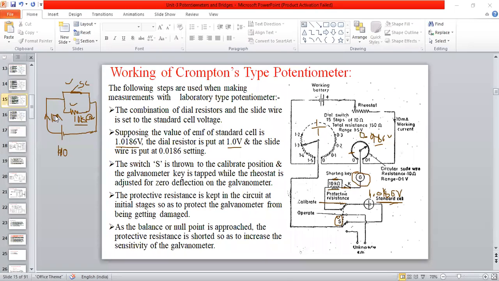I asked a question. If the switch is closed here now, will the current flow through the short circuit, or through the 10 k ohm resistance, or both the places? Roll number 11 and 9. Roll number 9, give the answer. Sir, both the places.